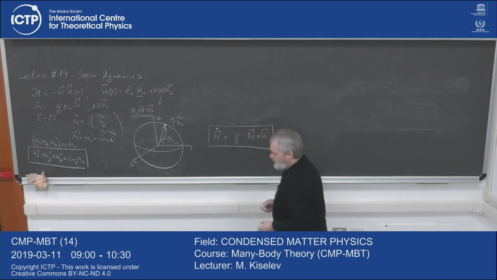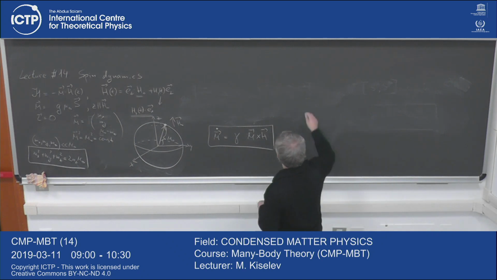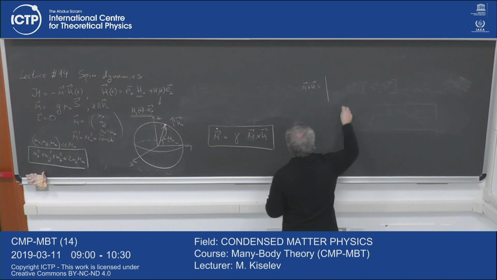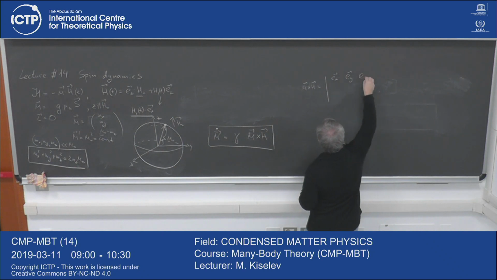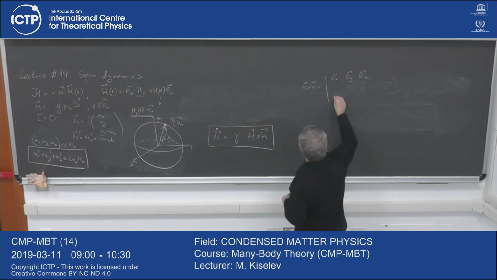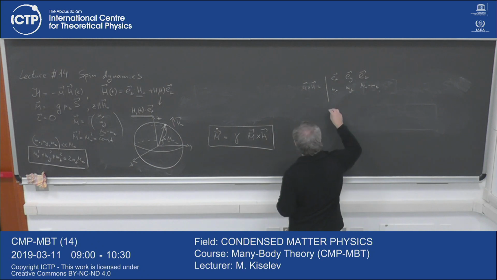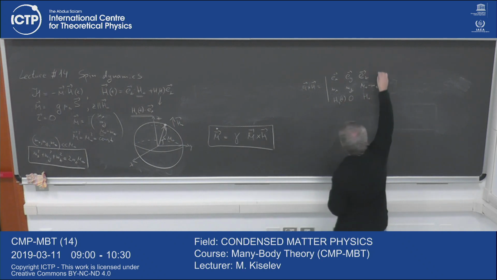So let's write this equation component by component. First of all, the vector product m times h is equal to the determinant with ex, ey, ez, then mx, my, m node minus mz, and h1, 0, h node. So h1 depends on time.